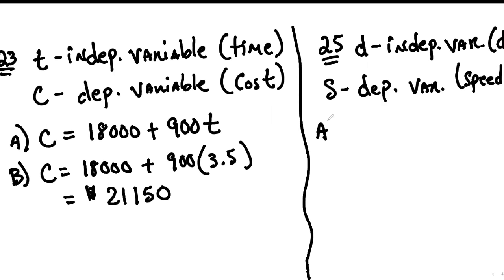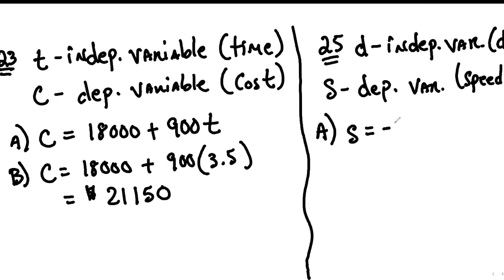So with that being said, my dependent variable, which is S, is equal to the rate of change. It says it is slowing down at 1.1 miles per hour. Because it's slowing down, it becomes negative.